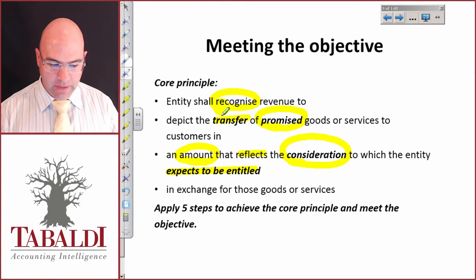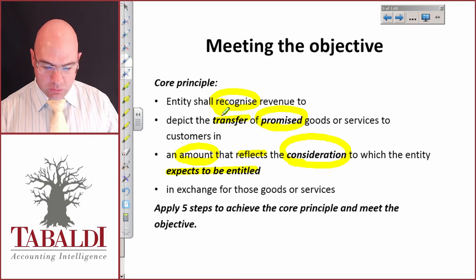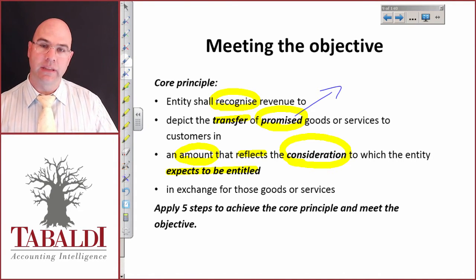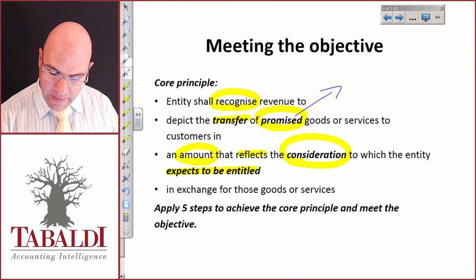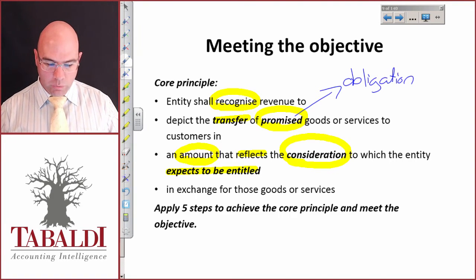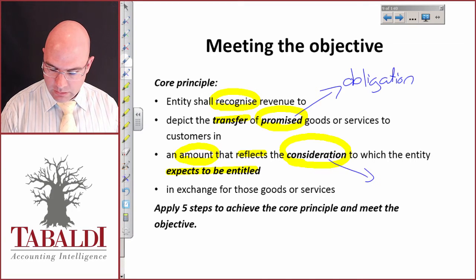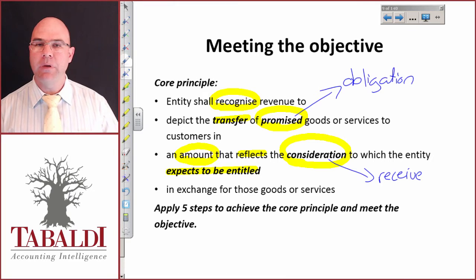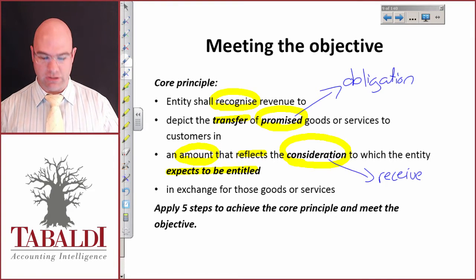So what you'll note here is that the revenue is all about what we promise to give the customer, okay? And that is an obligation, a performance obligation. And in return for performing, we will receive something, right? It'll usually be cash, and we will receive this consideration.